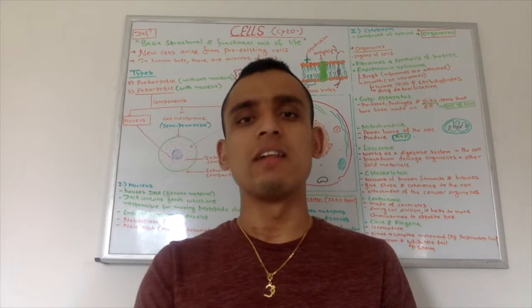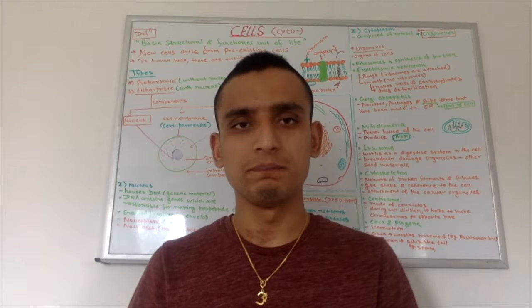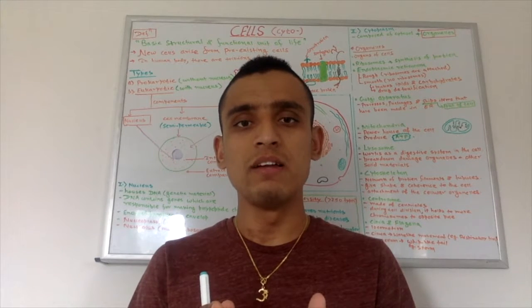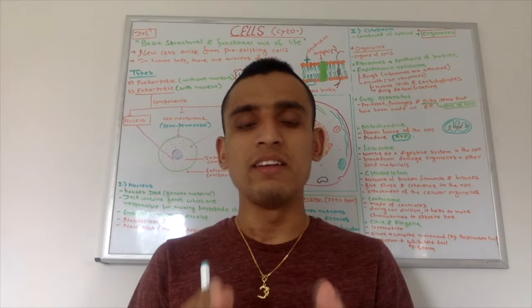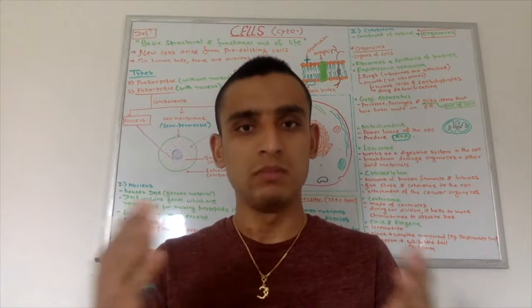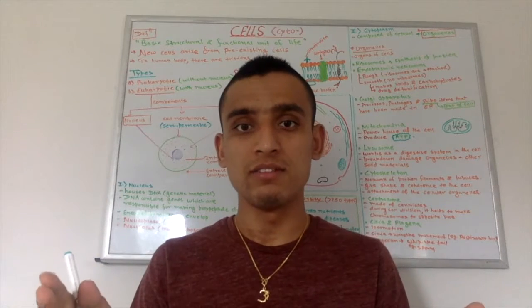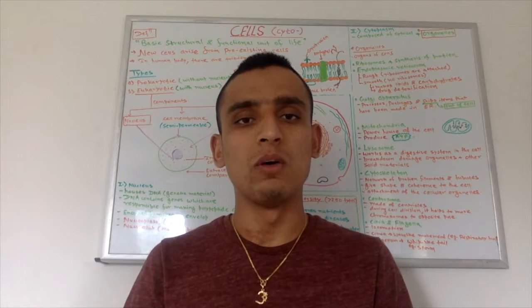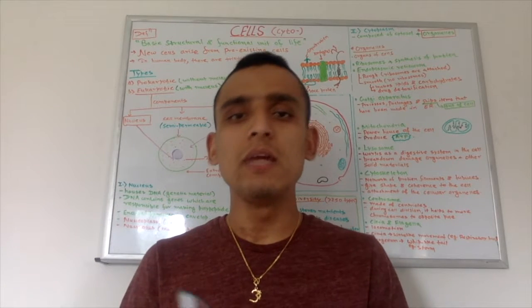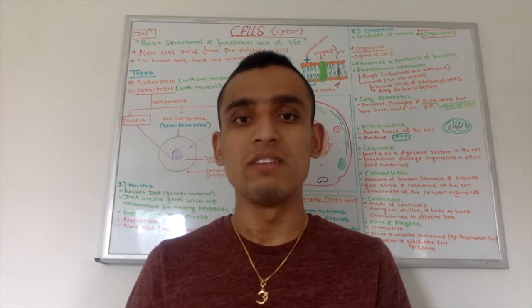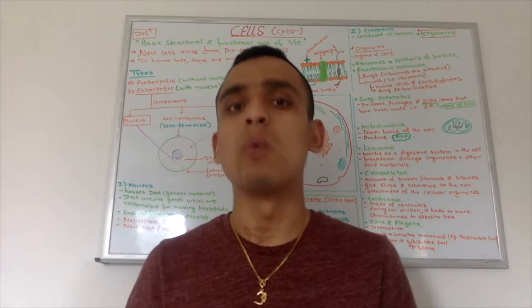So eukaryotic cells have those things. Remember that prokaryotic cells are unicellular, and the example is bacteria. They live in colonies, but it doesn't mean they have many different types of cells. They have only one type of cell. That's why they are called prokaryotes. However, eukaryotes may be unicellular with one cell or multicellular with more than one cell.